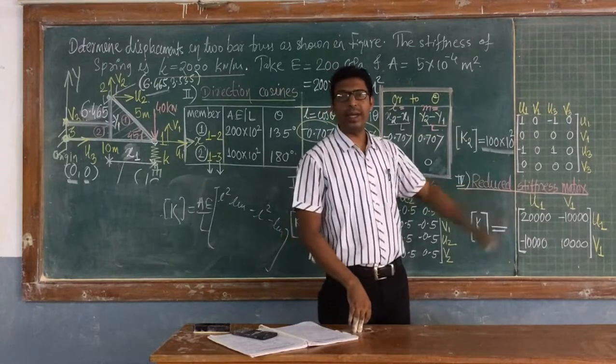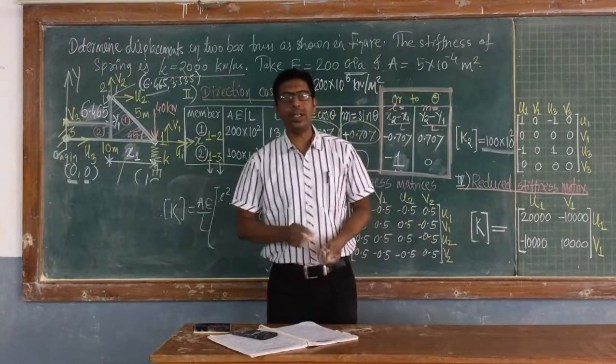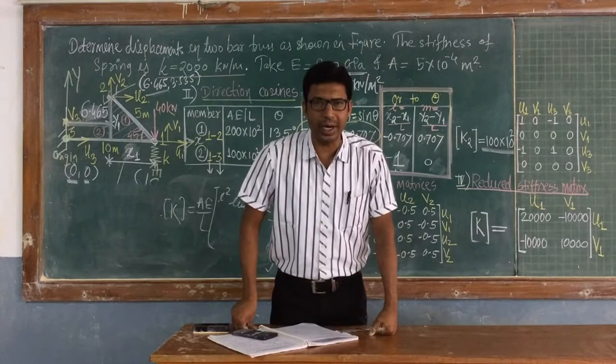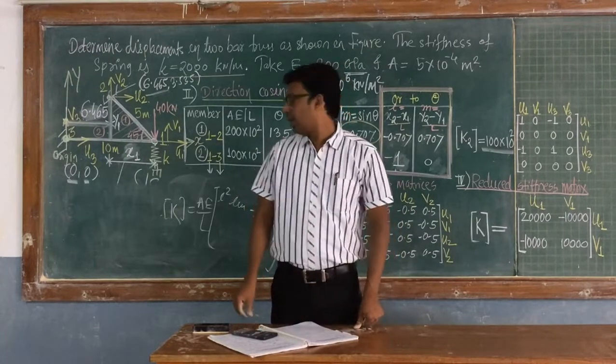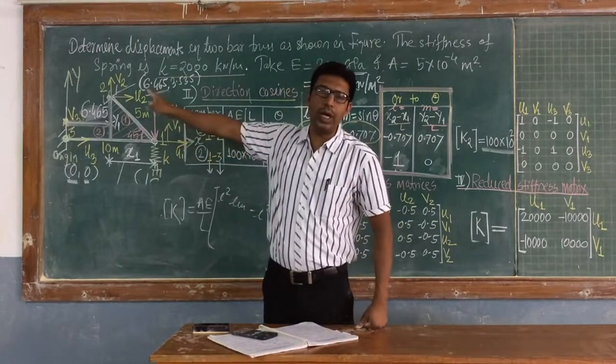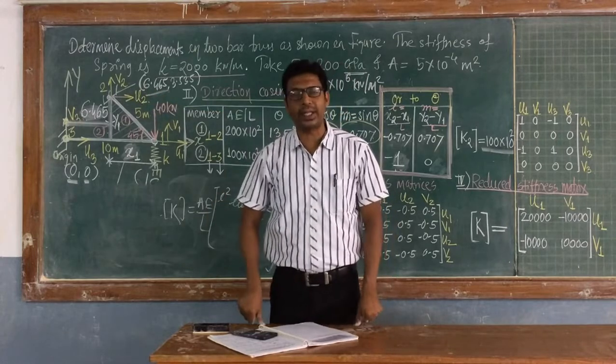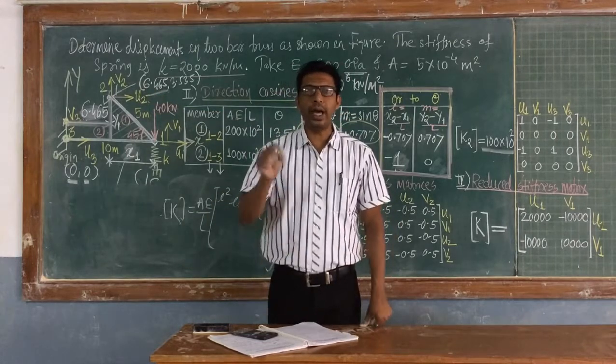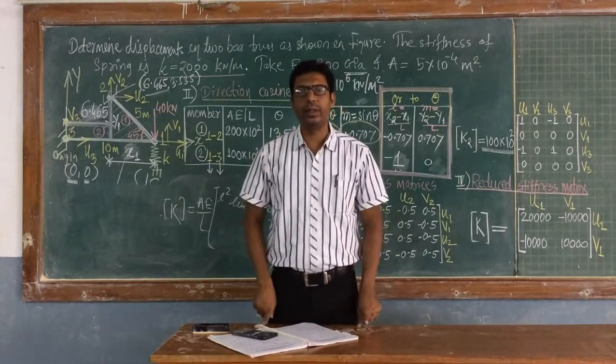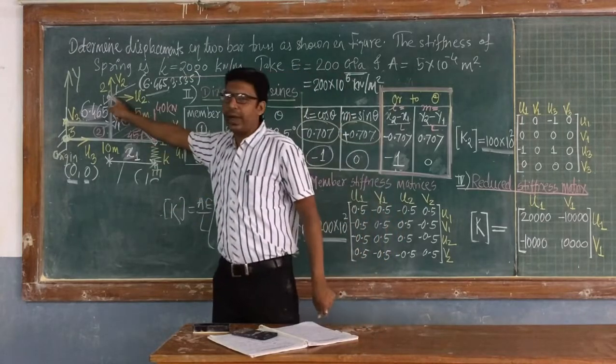Reduced stiffness matrix means after imposing the boundary conditions. We know that as per the boundary conditions, joint number 2 and joint number 3 are fixed. If joints are fixed, there is no displacement. So joint number 2 is fixed.